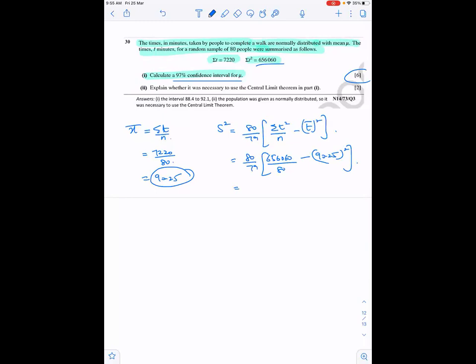Okay, so I'm just solving this. 56.39 is the sample variance.